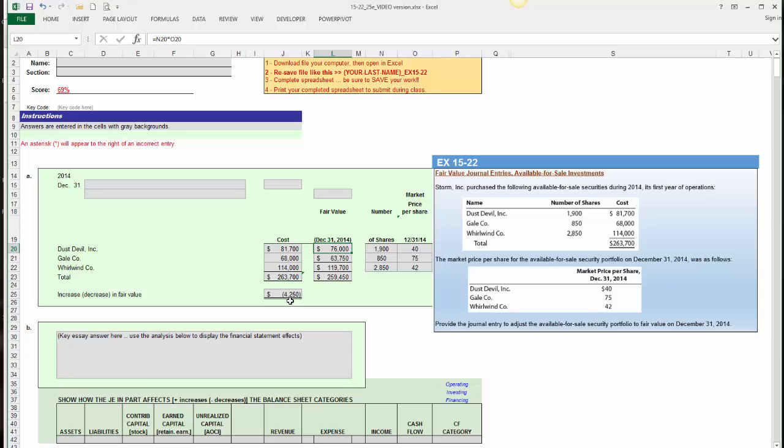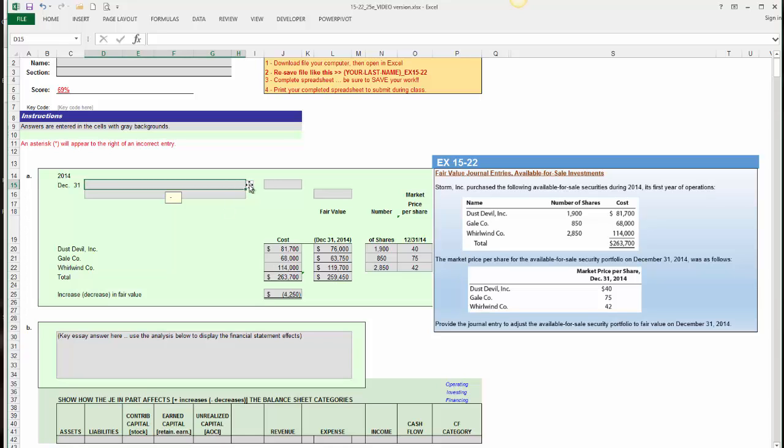Okay, let's make the journal entry for this. The Storm Company has not purchased any shares before 2014, so the beginning balance in the investment account as well as the beginning balance in the fair value account as of January 1, 2014 would be zero. So any change would fully be reported in the fair value allowance account.